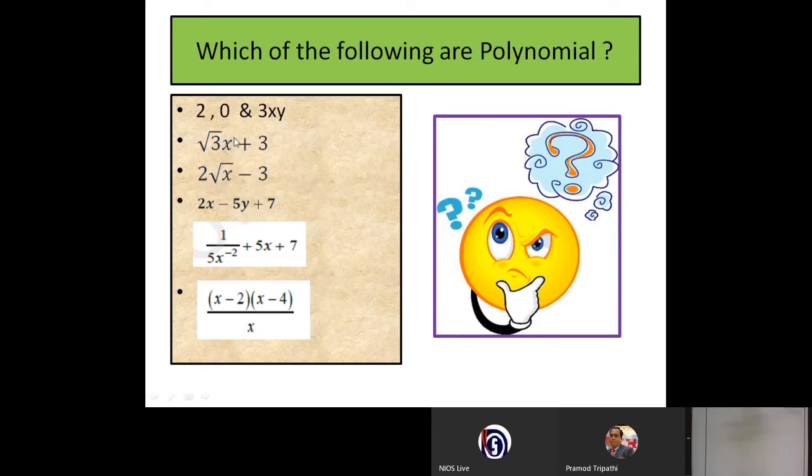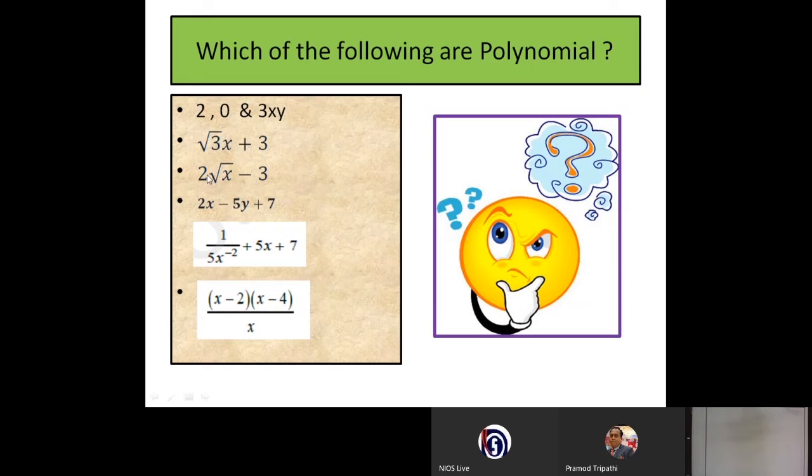Under root 3 is the coefficient, so the numeral coefficient of x is under root 3. The x raised to the power 1, the exponent is a whole number, and this is a constant term, so it is also a whole number. So we see that in the second problem, this is also a polynomial.